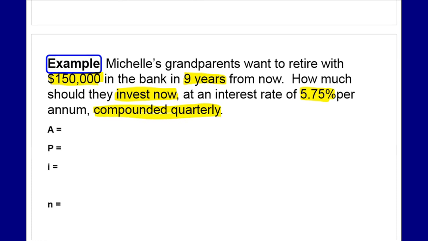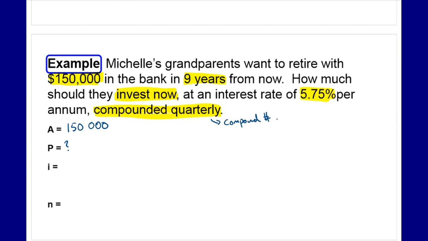So we can take that key information and fill it in for the variables that we need. The A value, the future amount, is $150,000. The P value, or the principal, the present value, what we need now, we don't know. The i and the n we can calculate. We do need our compound number, which we get from compounded quarterly.